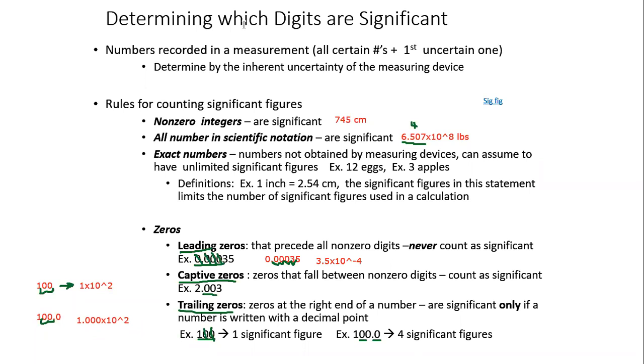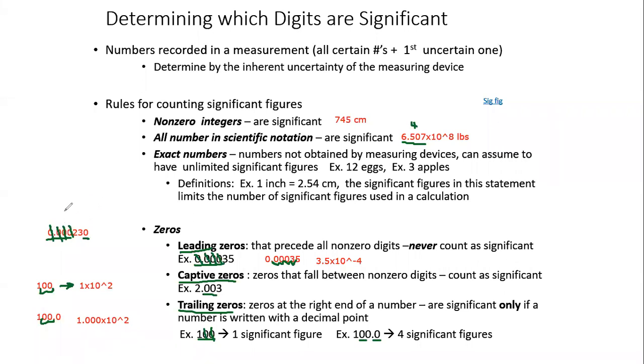Now, one question comes to mind when dealing with significant figures is, what happens if we have a number like 0.00230? So when you have a number like this, again, the leading zeros are not significant. So we can cross those out. But then you see the 0 at the end. This is significant because we have a decimal point in the number.